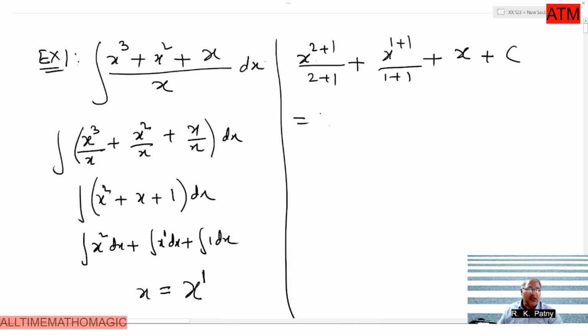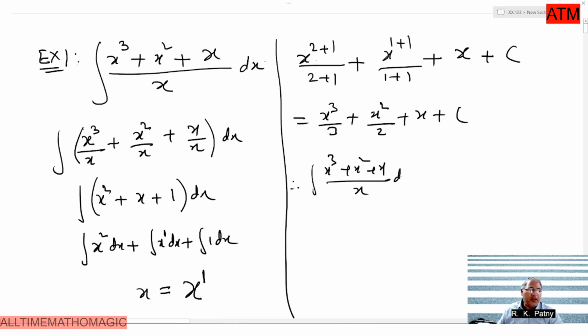This is equivalent to x cube by 3 plus x square by 2 plus x plus c. So therefore integration of x cube plus x square plus x upon x with respect to x is nothing but x cube upon 3 plus x square by 2 plus x plus c. This is the required answer.